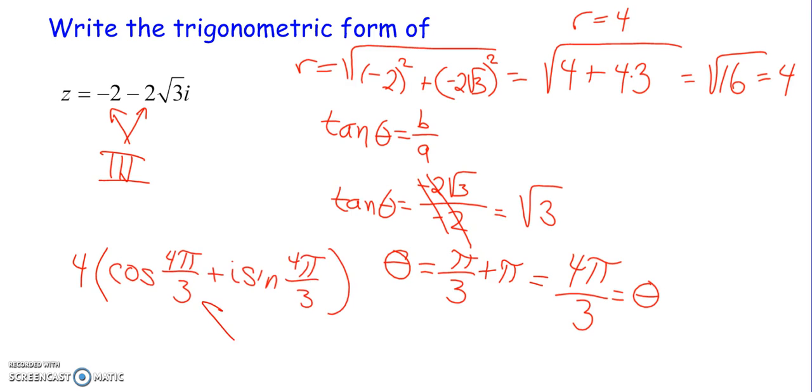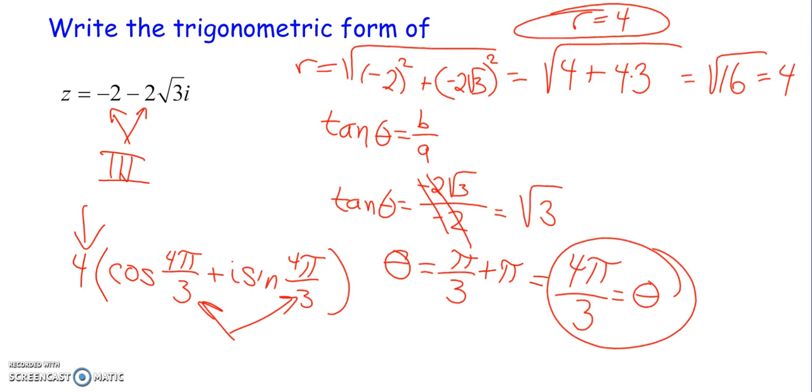These angles will always be the same. You're getting those from here. This 4 is always found the same way we found r in the past. And then it's just a matter of plugging it into the formula. That's your trig form. If you distribute the 4, I'm perfectly okay with it. Either form is acceptable.